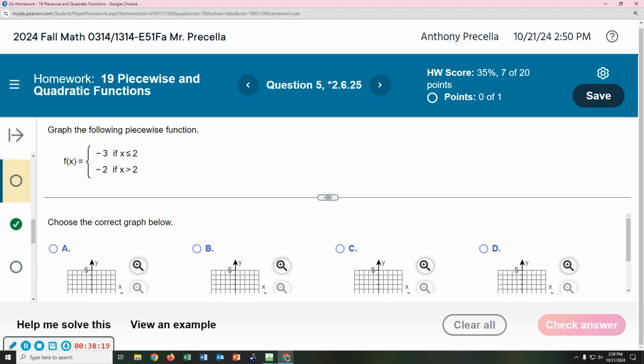f of x equals, okay, this is a 2-parter. Oh, I like this. The y value is -3 if you use x values less than or equal to 2, and it's -2 if the x value you're using is greater than 2.